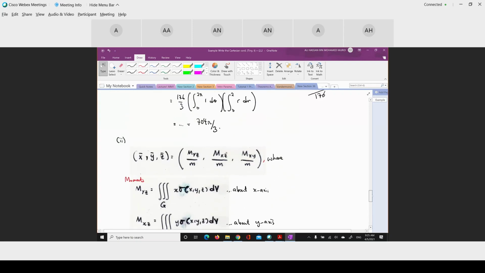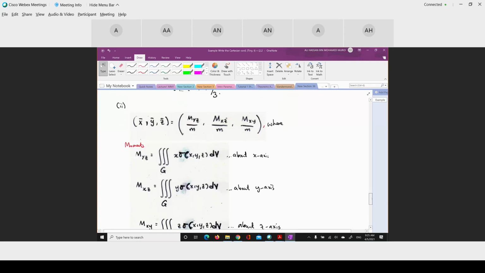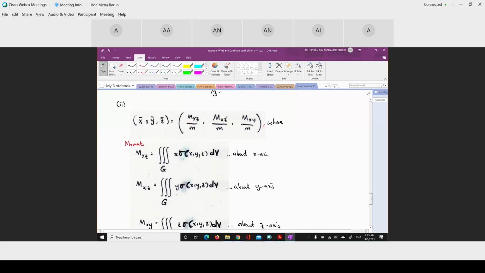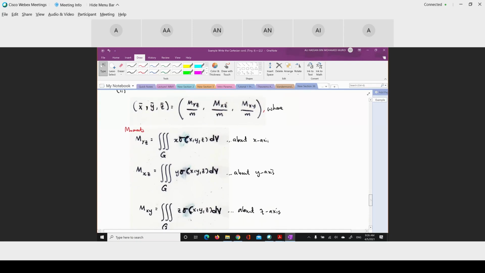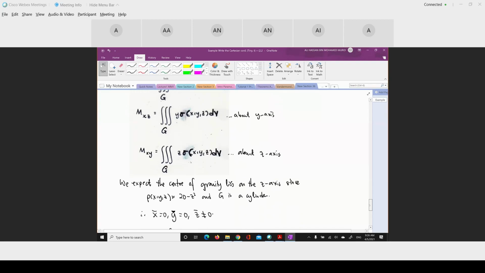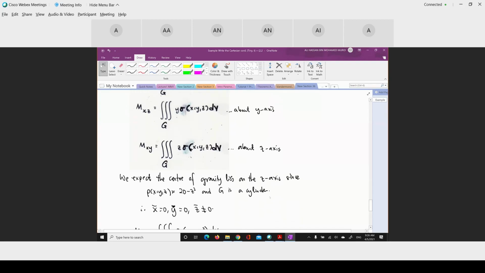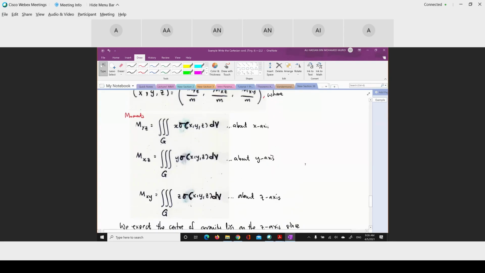Sometimes you are given such a question in the final exam also. So this observation is important to save you a lot of calculations. With knowledge of symmetry, you can immediately conclude x bar equals 0, y bar equals 0. If you calculate this integral here, you will get 0.